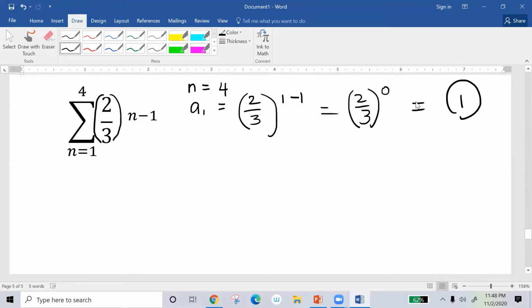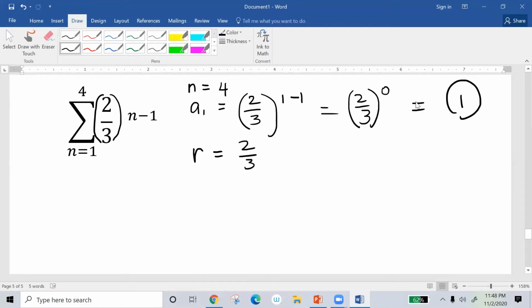So remember, any number raised to 0 is always equal to 1. Okay, next. Our common ratio is R. So R is equal to, from our rule, 2 over 3. So n equals 4, a sub 1 is 1, R is equal to 2 over 3. Then use the sum formula.